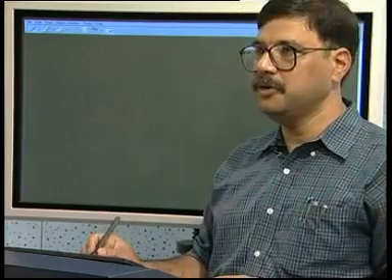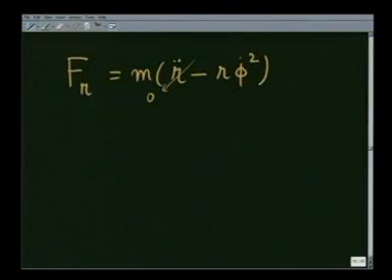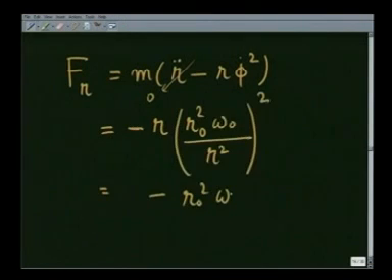How about the force needed to pull the wire in? That, as I told you earlier, is F r, which is equal to m times r double dot minus r phi dot square. R double dot is 0 because I am pulling the wire in with constant speed, and therefore this is going to be equal to minus m r phi dot square, which is nothing but minus m r 0 raised to 4 omega 0 square over r cubed.